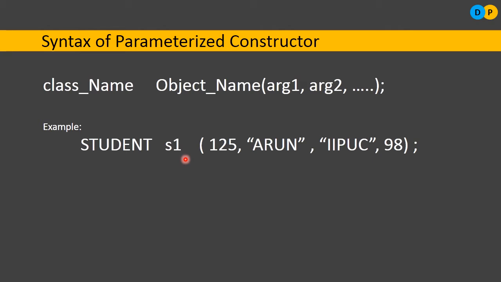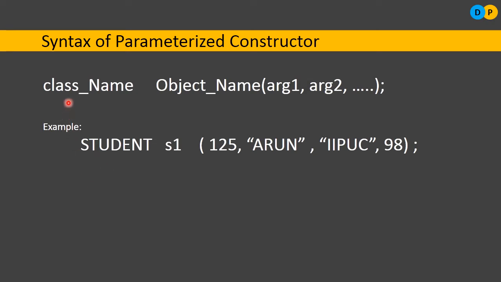What are the different data members? Let us say there is a data member by the name register number. So register number will be initialized with the value 125. Similarly, name of the student will be initialized with the value Arun. Next, class will be initialized with second PUC, and later percentage will be initialized with the value 98. So this is what the syntax of parameterized constructor looks like.